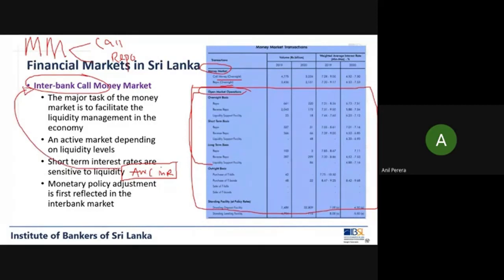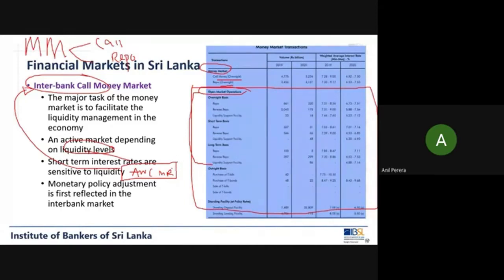And this rate is very sensitive to liquidity levels. So when there is less liquidity in the market, less money in the market, on that day the call market rate goes up because most banks demand money. If the liquidity level is in a surplus, which means there is more money in the system, excess money, the average weighted call money rate goes down because there is less demand for funds.